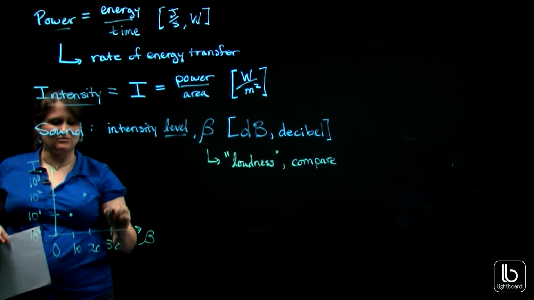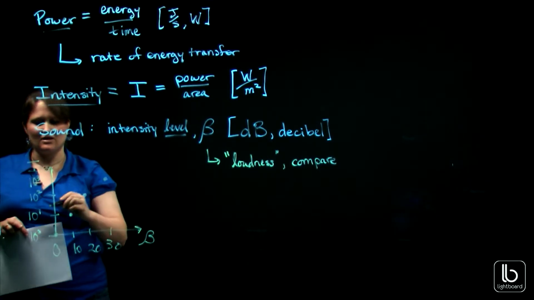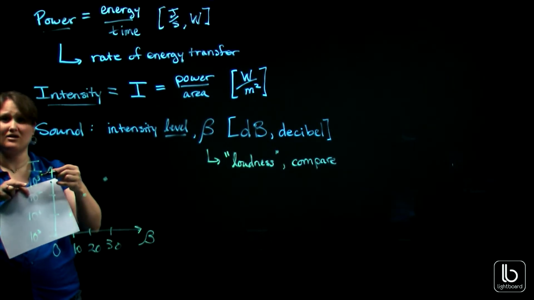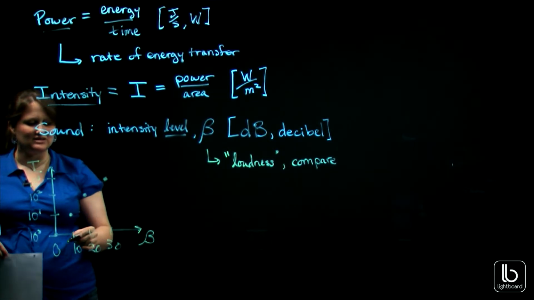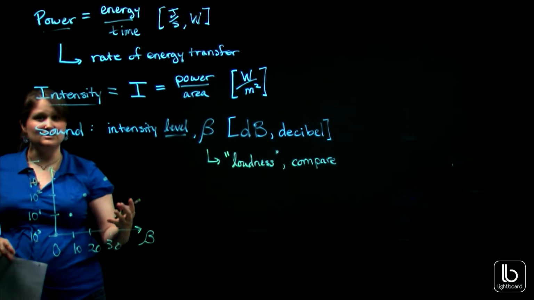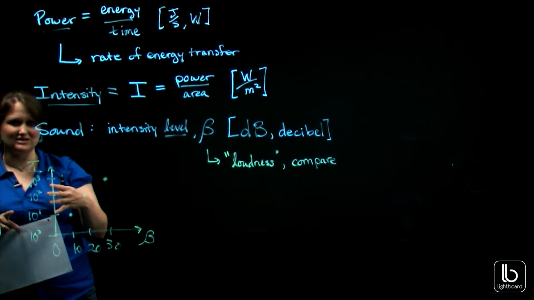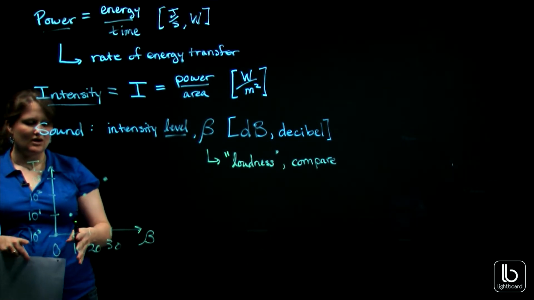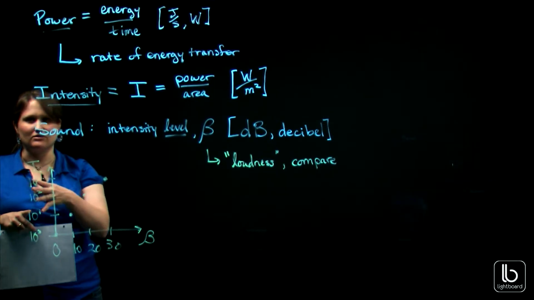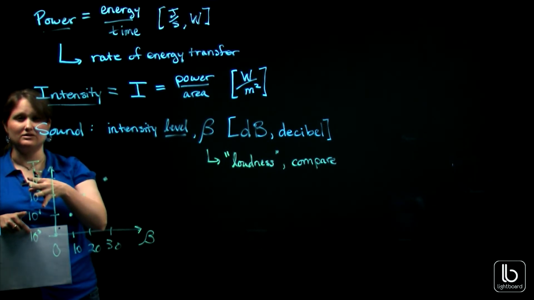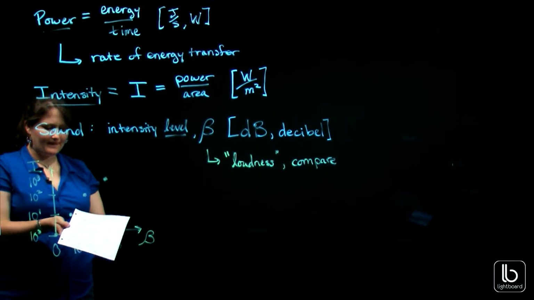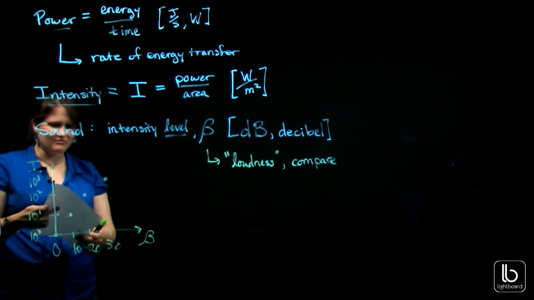So if I triple my intensity level, I multiply it by 100. So the idea is it's not like I double my intensity level and I double my intensity. That's not how this works. If I double my intensity level, I still have a log scale to deal with. So I want you to be aware of that.